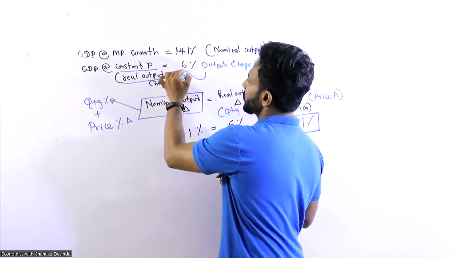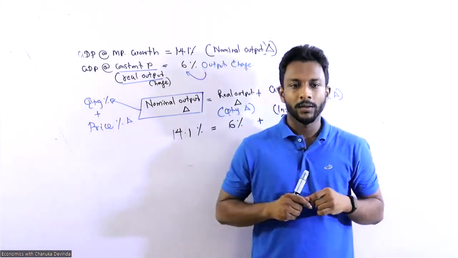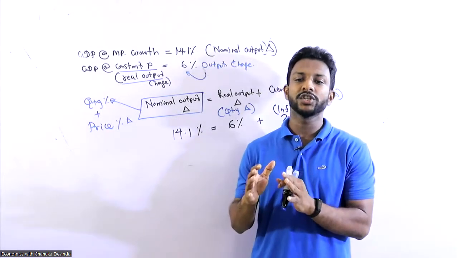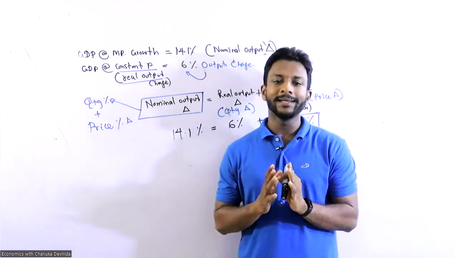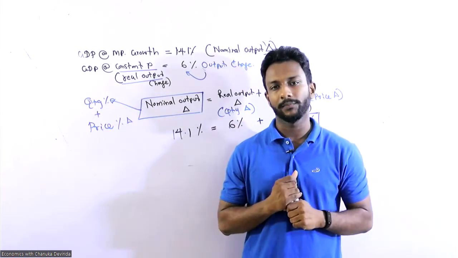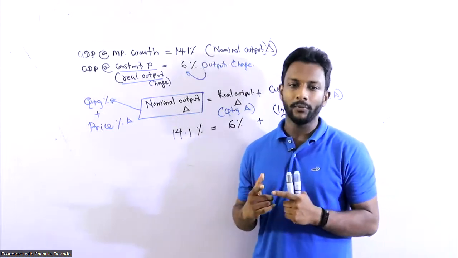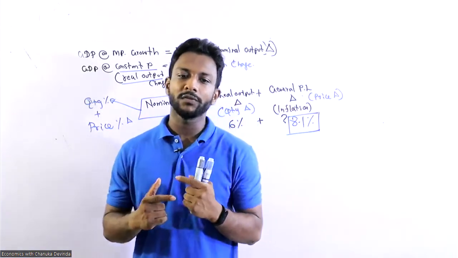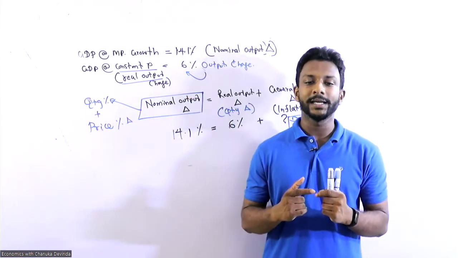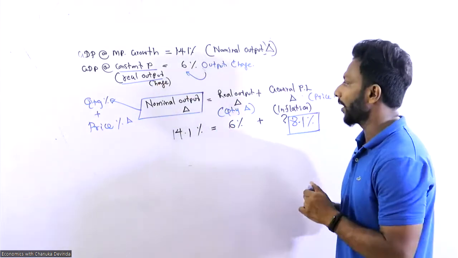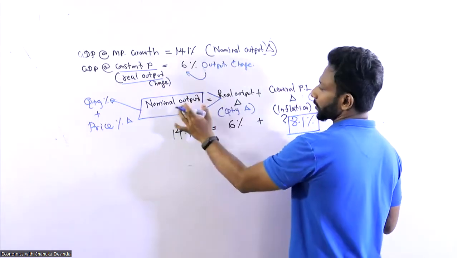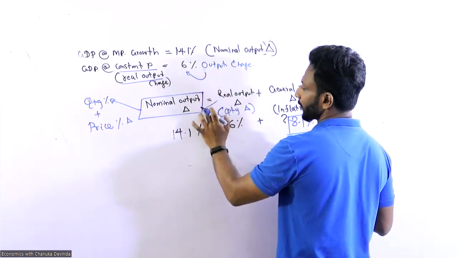Therefore, a fixed price includes only the change in quantity of goods and services without any inflationary impact on GDP, right? Therefore, the increase in the percentage of market price GDP is more than the increase in the percentage of constant price GDP, because nominal output is more than real output, right?